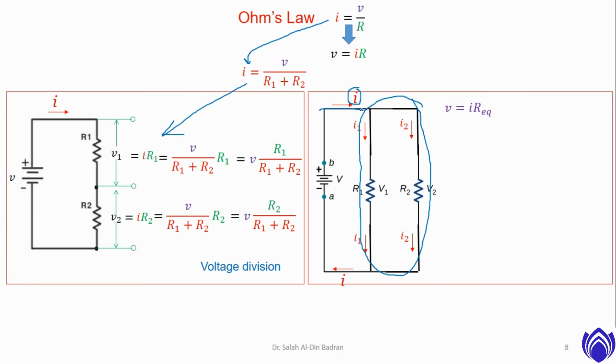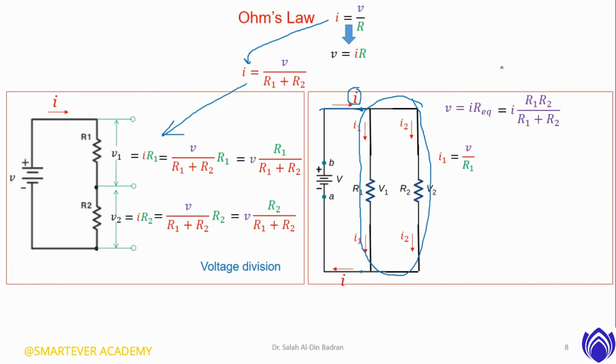After getting it, you will have this terminal and this point, and you will draw only one resistor, R equivalent. R equivalent for these two resistors in parallel, as we explained in the previous slide, is equal to the multiplication of both resistors over the summation of both resistors. This is R equivalent. Fine.